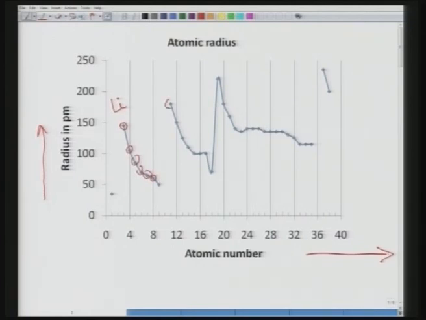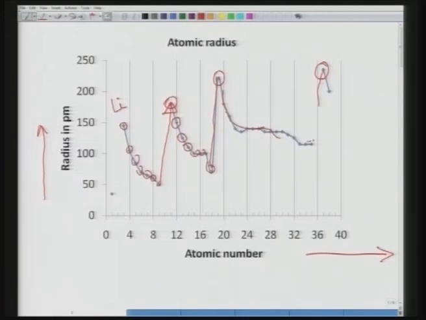The next shell starts here, and then all of a sudden you see that the radius has increased, and then again it decreases. When the next major shell starts, it increases, again it decreases, and here it increases again. The shell closes at different places, and there the radius really goes up.